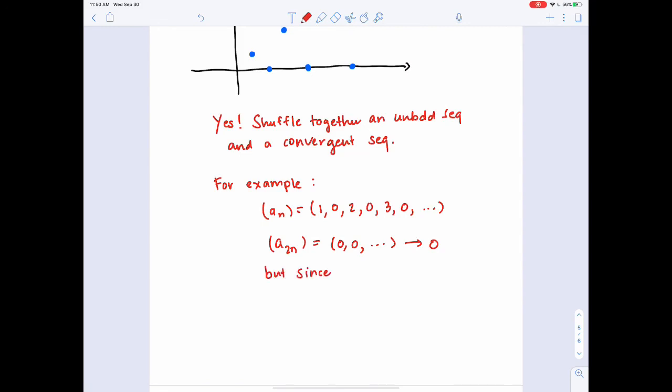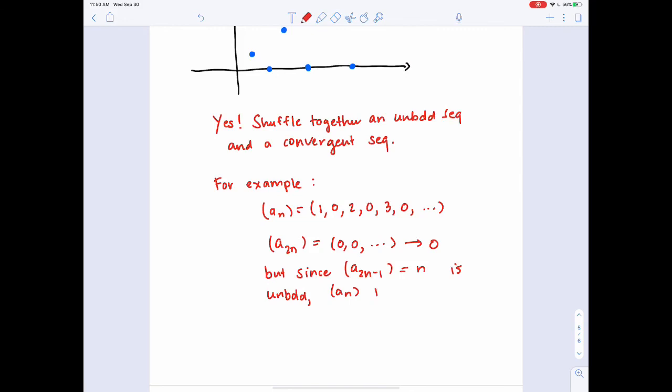But a_{2n-1}, and I'm using 2n minus 1 here instead of plus 1 so that when I plug in 1 for n, that gives me a_1. Otherwise, I'd be starting with 2, 3, etc. So I'm just making sure I'm including the first term. Doesn't matter, just being careful. But a_{2n-1} is equal to n, which is unbounded.